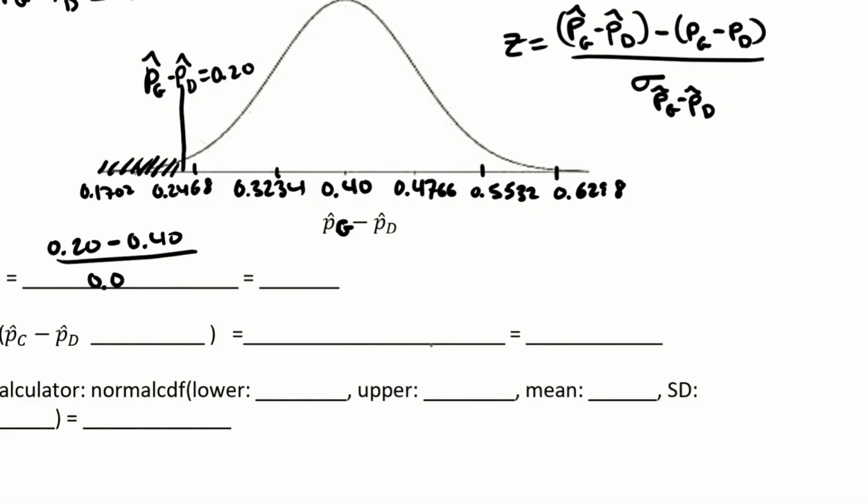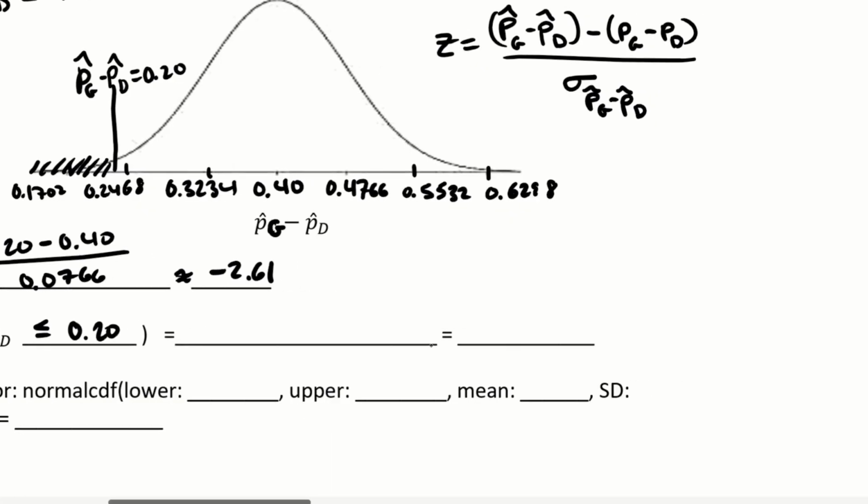Now, this is the area on the left side. The table gives us the area on the left side by default, so we only have to look that up to get our answer. So we want the probability that this is less than or equal to 0.20. Let's look up negative 2.61 on our table. So there you go, 0.0045.